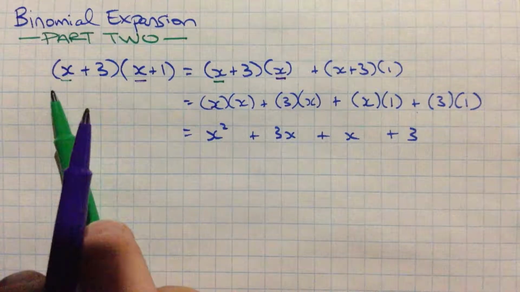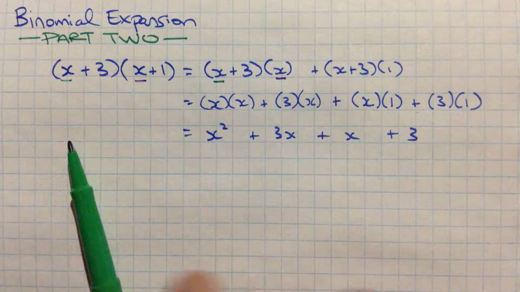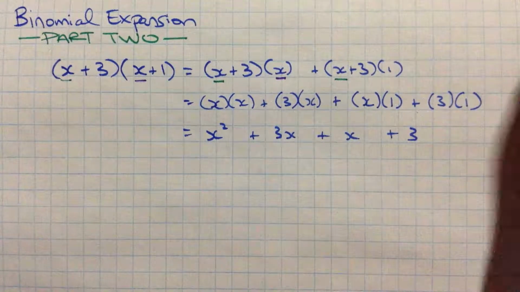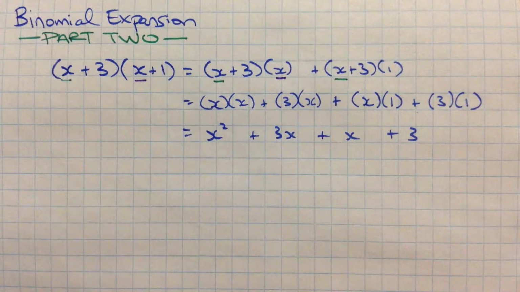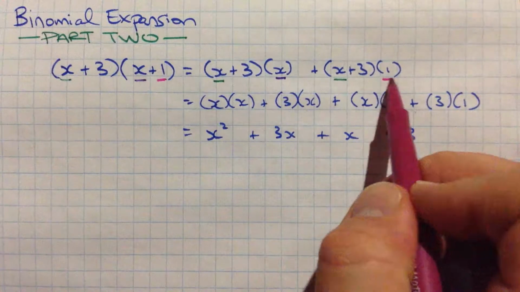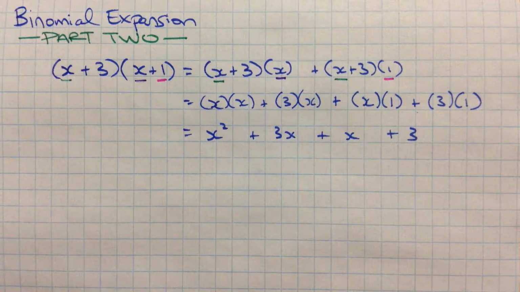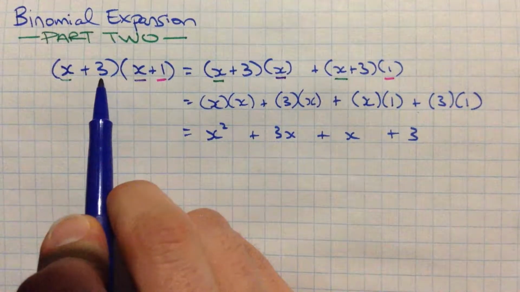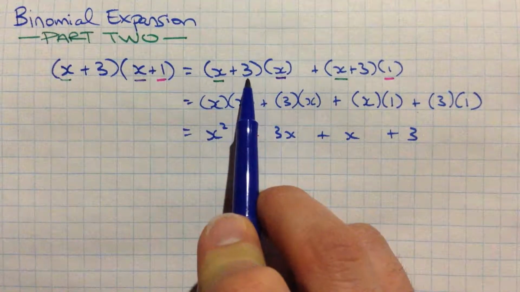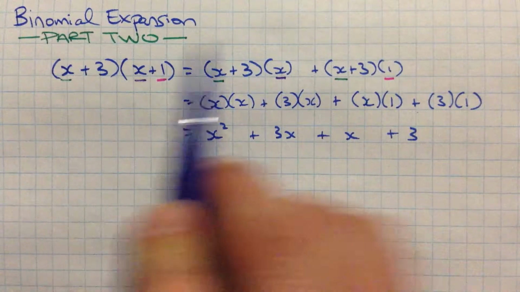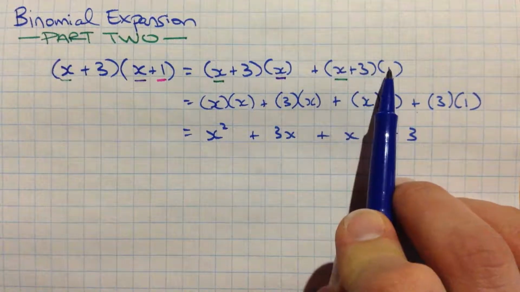And then we also multiply that same x over here by the value 1 here and here. And then we also multiply this 3 here and here times x, and we multiply that same 3 here by 1.